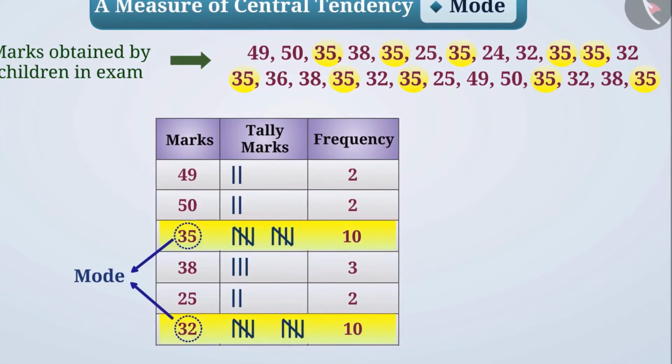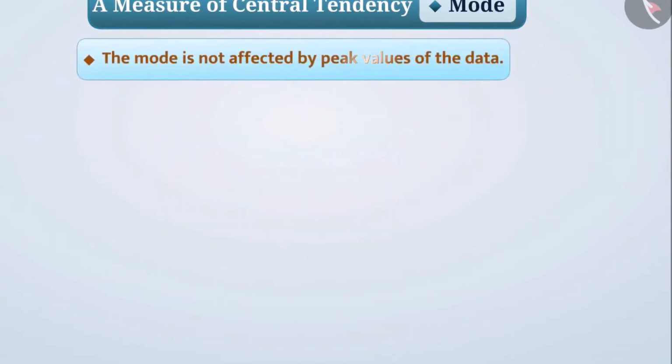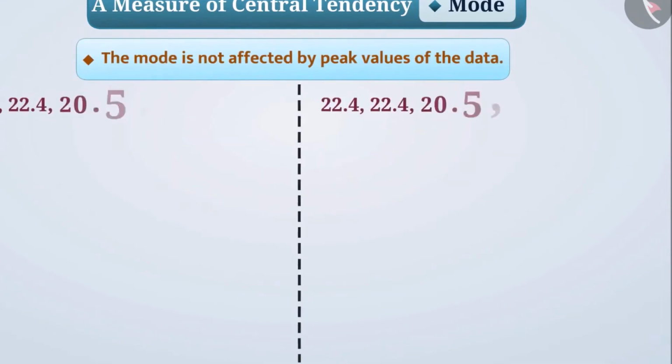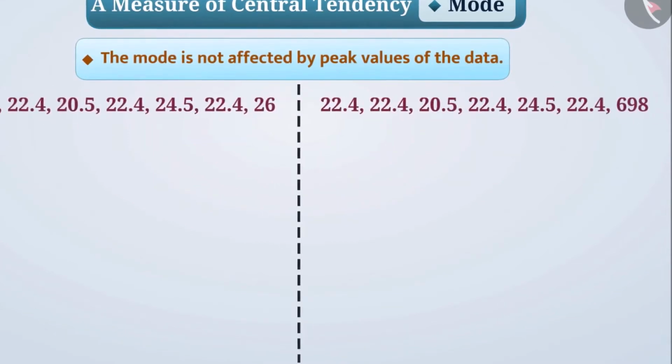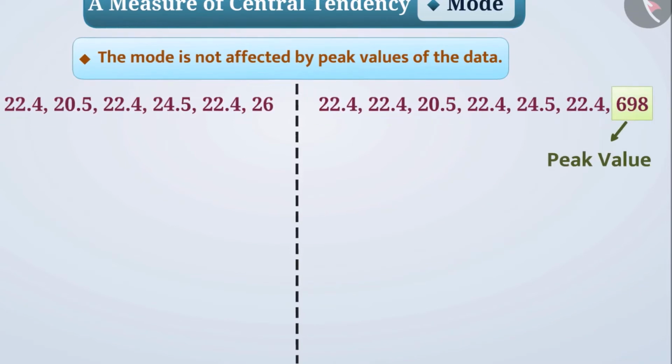Now, let's understand the characteristics of the mode. The mode is not affected by peak values of the data. Look at these 2 groups of data. Here, in the second group, the peak value is 698, which is extremely large, the remaining numbers being the same.